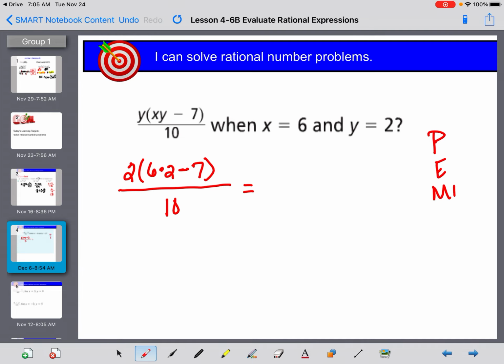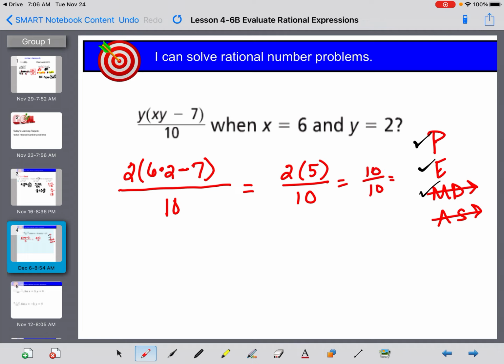Parentheses, exponents, multiplication, division from left to right, add or subtract from left to right. So I'm up here at parentheses. 6 times 2 is 12. 12 minus 7 is 5. There weren't any exponents, then I had to multiply. Now I have to go back and finish my multiplying, and I get 10 divided by 10, which is 1.